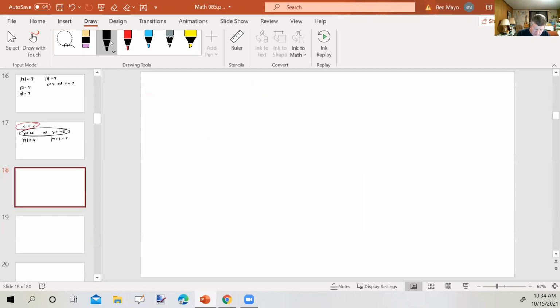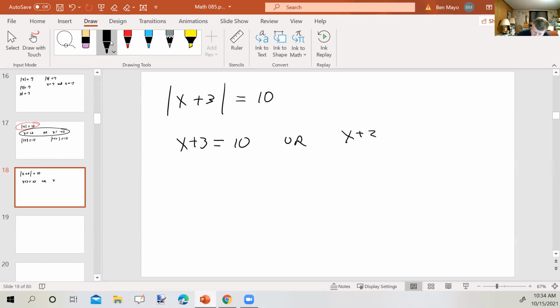All right. Suppose we have the absolute value of x plus 3 equals 10. Well, what's inside the absolute value bars would have to either equal 10 or -10, right? Because the absolute value of 10 would be 10. The absolute value of -10 would also be 10.